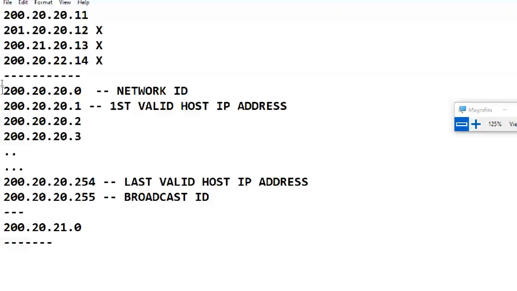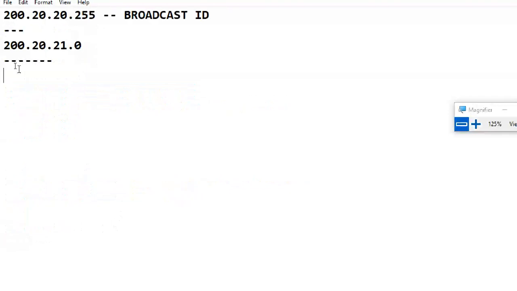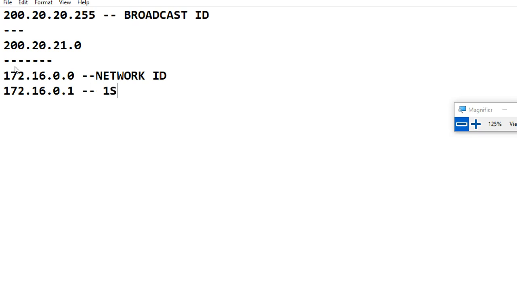For example, if you go through a class B network, I'm putting some number like this. This is the network ID. 172.16.0.1 is the first valid host IP address. Valid host means we can assign.